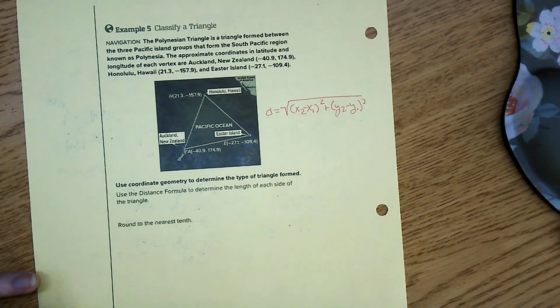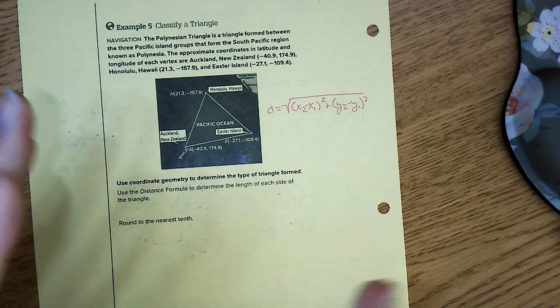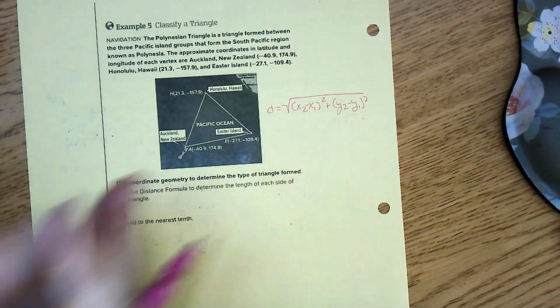Navigation. The Polynesian Triangle is a triangle formed between the three Pacific island groups that form the South Pacific region, also known as Polynesia. The approximate coordinates in latitude and longitude of each vertex are Auckland, New Zealand, Honolulu, Hawaii, and Easter Island, each with its coordinates.